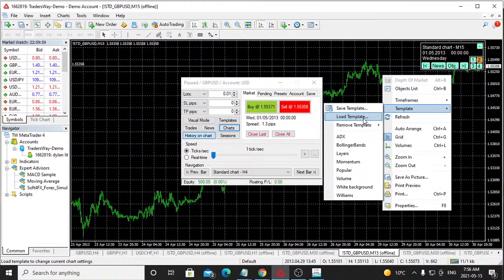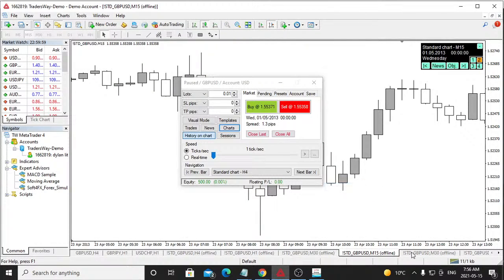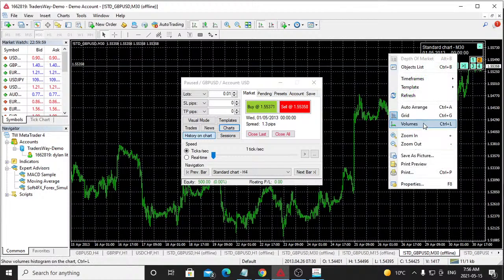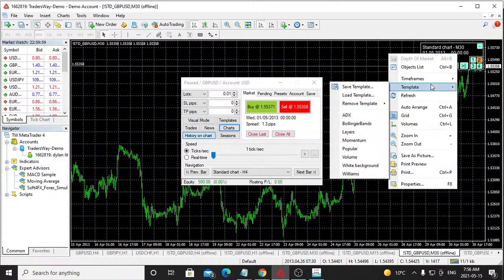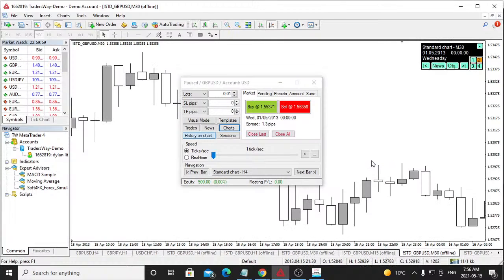Template, load template. We're going to do white background.